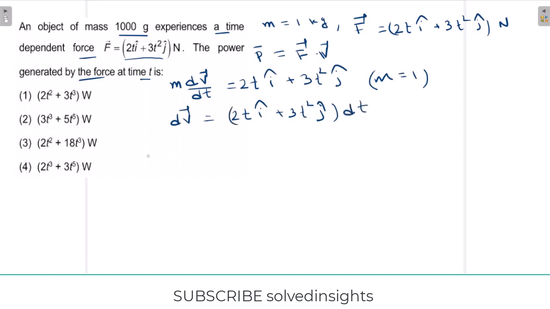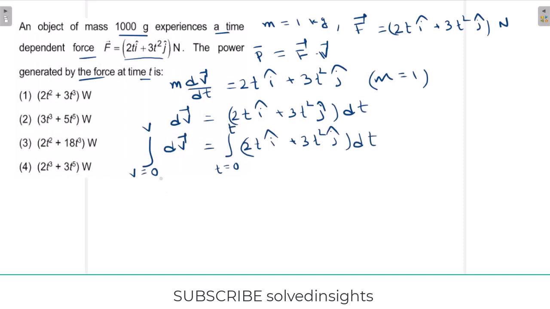Now if we integrate this, at time t the velocity goes from 0 to v. Let's say the velocity becomes v at time t. So the integral of dv from 0 to v is equal to the integral from t equal to 0 to t of 2t i cap plus 3t square j cap dt.